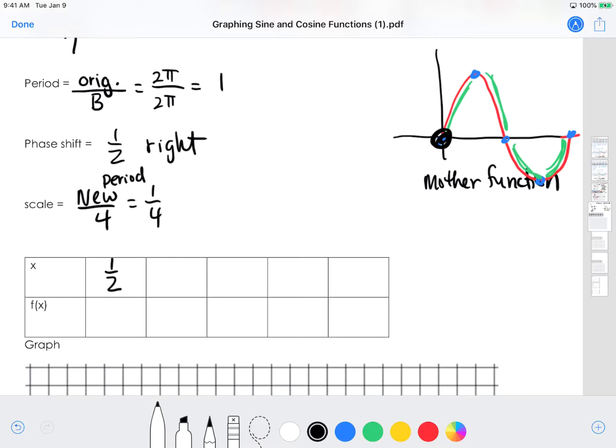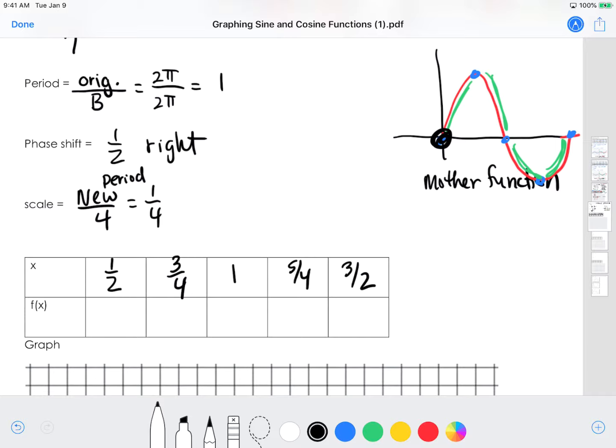So if I add 1/4 to 1/2, that gives me 3/4. And then if I add 1/4 again, that gives me 1. If I add 1/4 again, that gives me 1 1/4, which is 5/4. And then if I add 1/4 again, that gives me 3/2, 1.5.